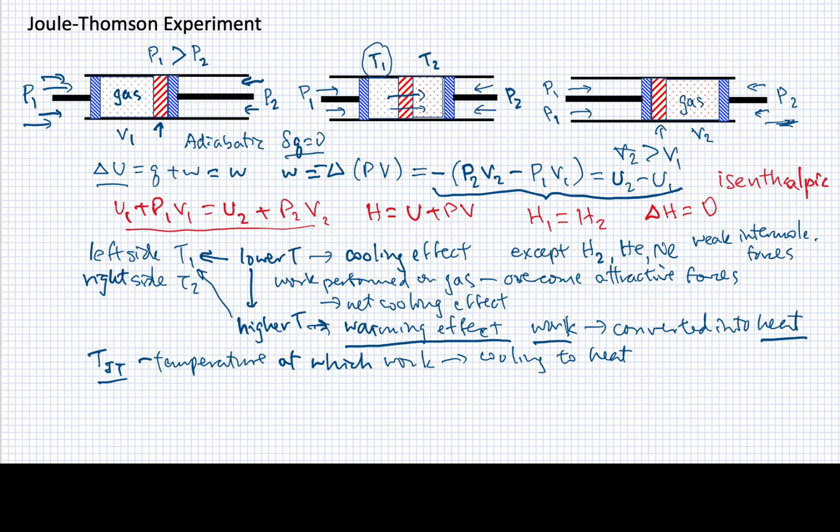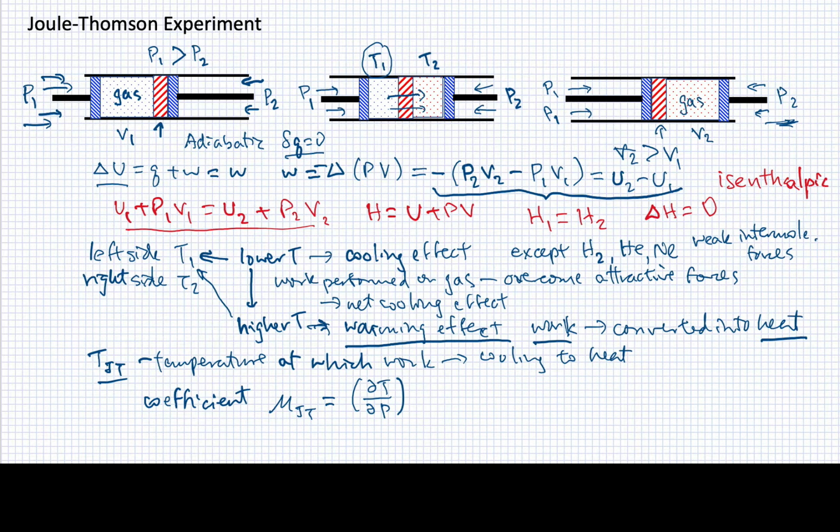Now, another way that we can characterize this is by defining what is known as the Joule-Thomson coefficient, and it's given the symbol mu, and I'll go JT again as the subscript to identify it as a Joule-Thomson coefficient. And it is basically a measure of how much the temperature changes based on the pressure difference between the two sides of this experiment.